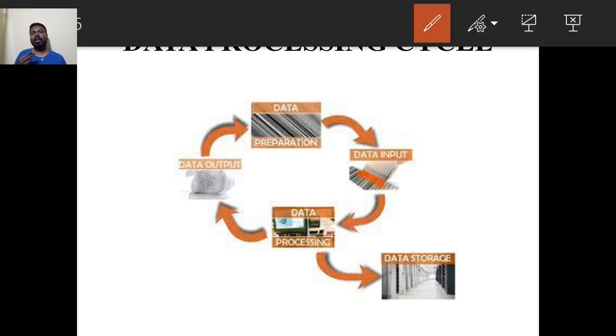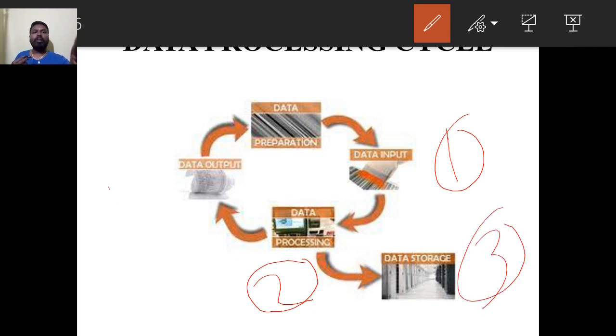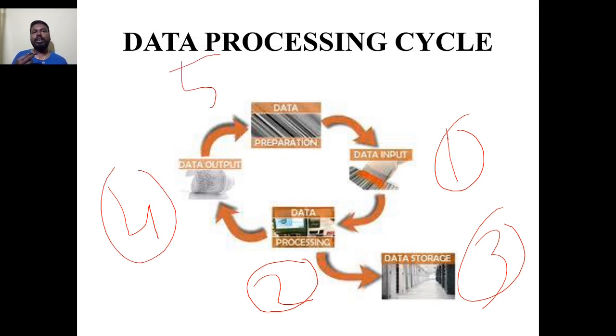For this diagram 2 marks will be given. First, we have to get the input. Second, we have to process. Next, after processing, we have to store the data. Then we have to output the data, and finally we have to communicate. So these are all the different stages available in the data processing cycle.